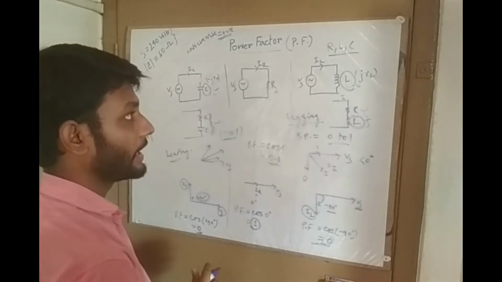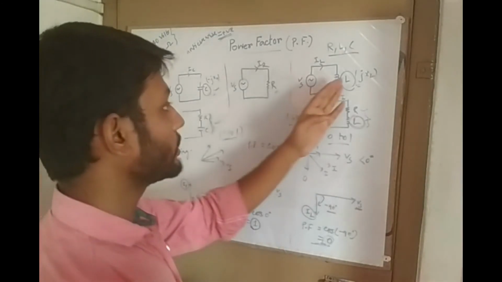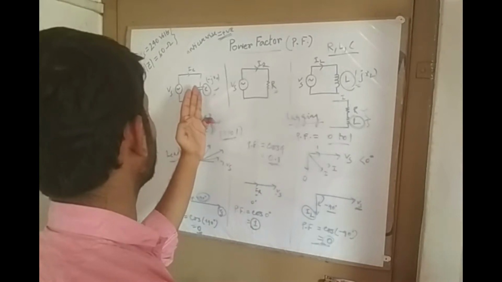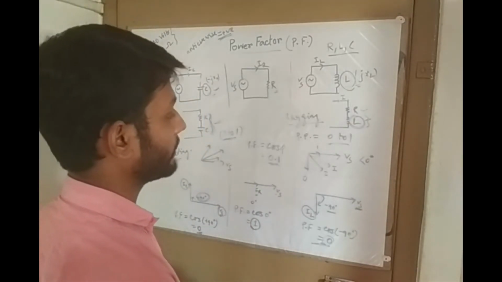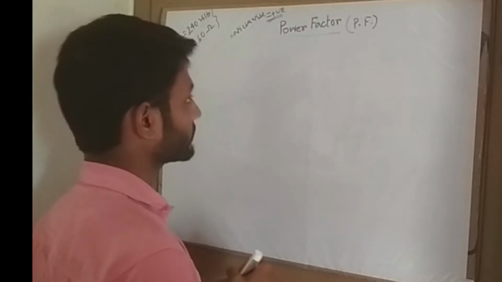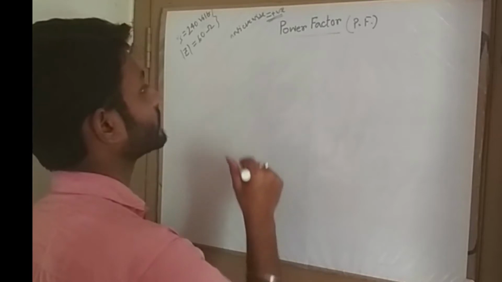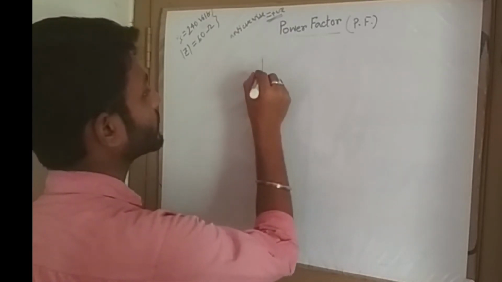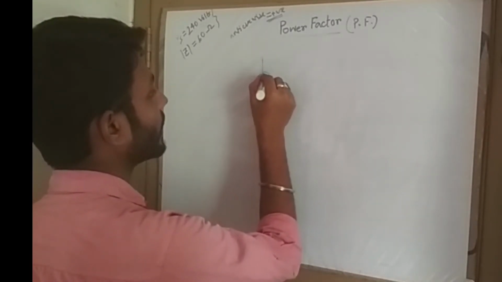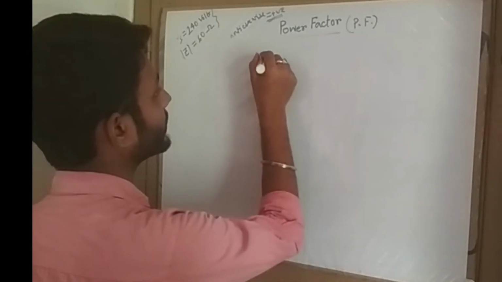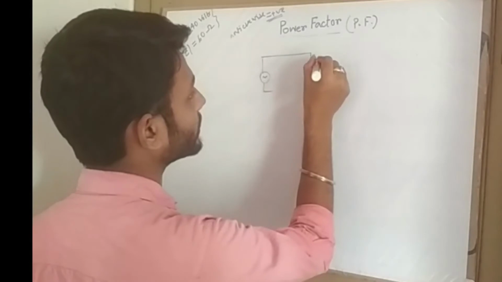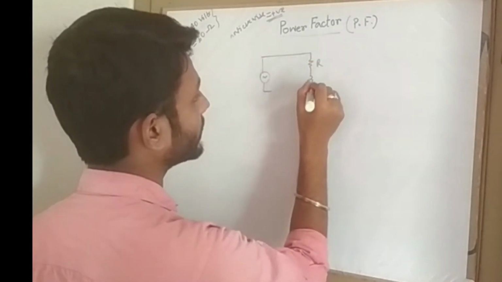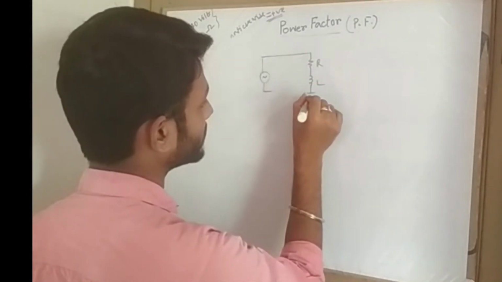Okay. If in a circuit both inductor and capacitor are present, then what will happen? So in case of an RLC circuit, this one is R, this is the inductor, and this one is the capacitor.